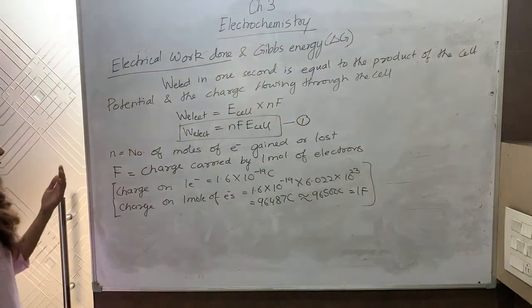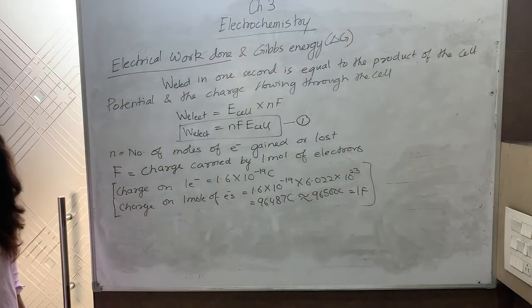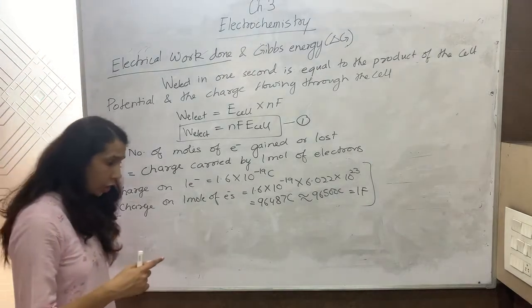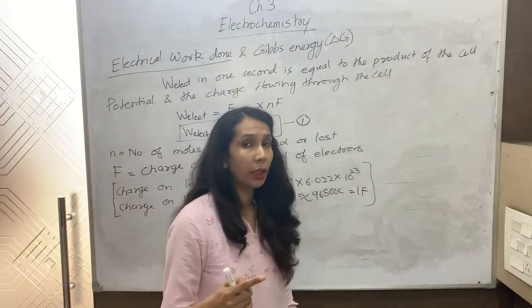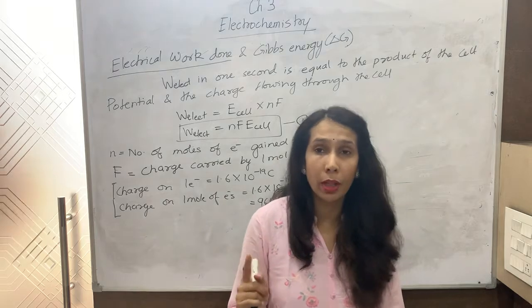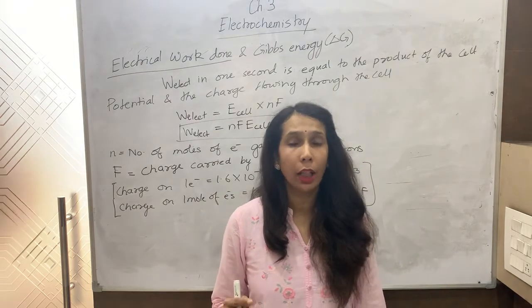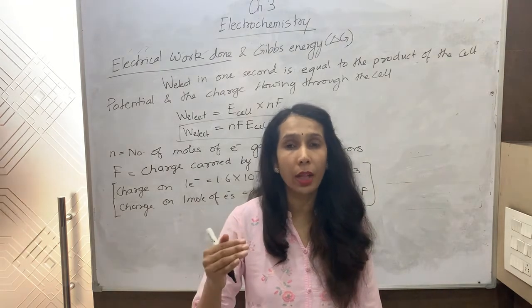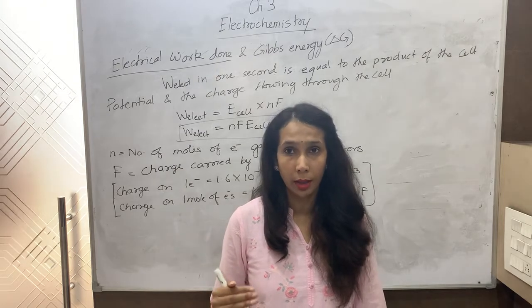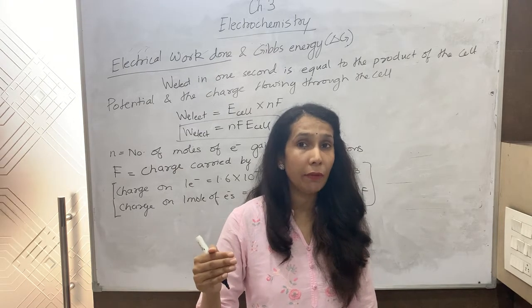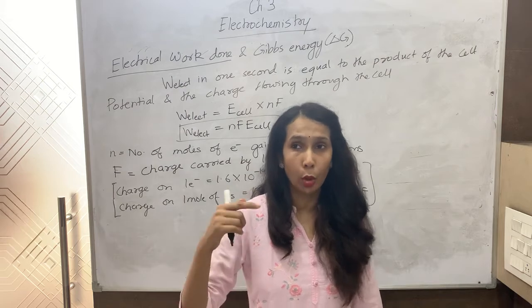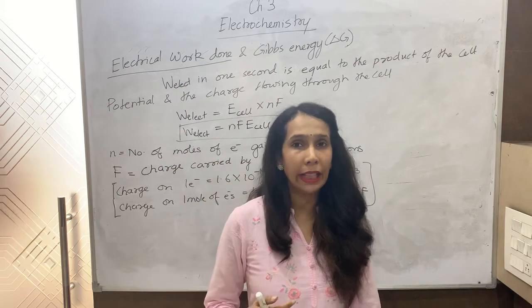Now, let us see the Gibbs energy. If the charge is passed through the galvanic cell reversibly, you must have done reversible and irreversible processes in 11th class. A reversible process is carried out infinitesimally slowly, so that system and surrounding are always in equilibrium.